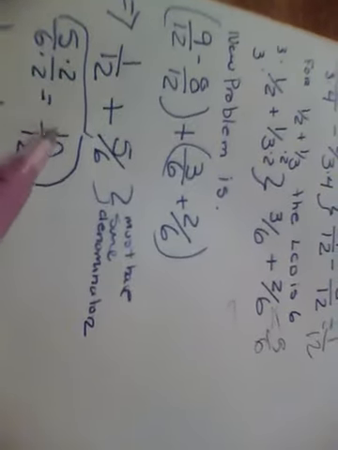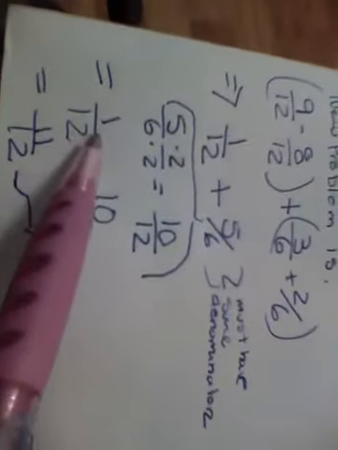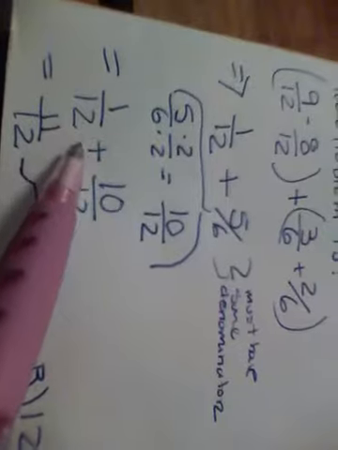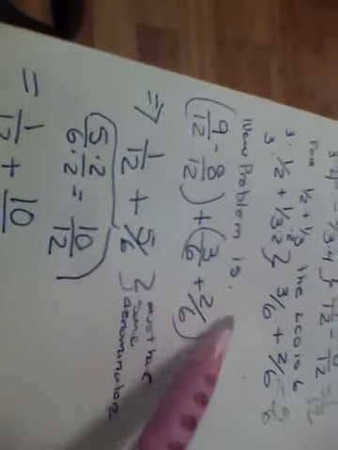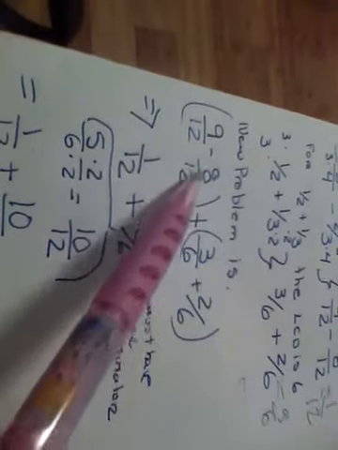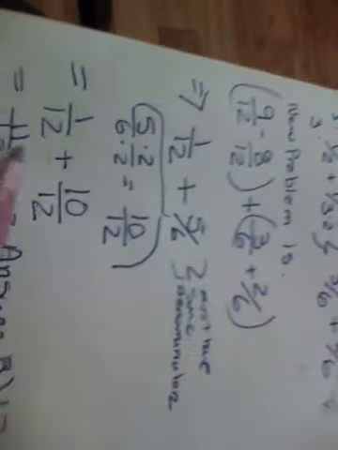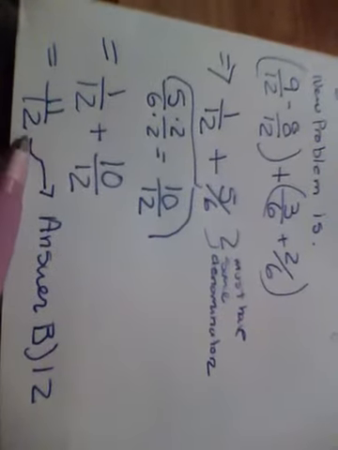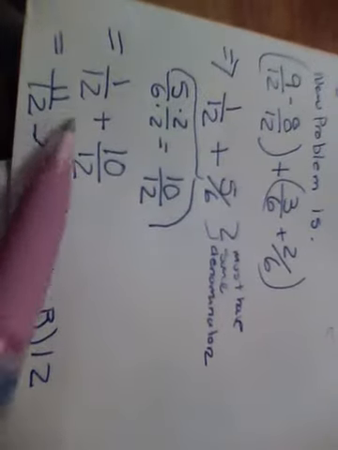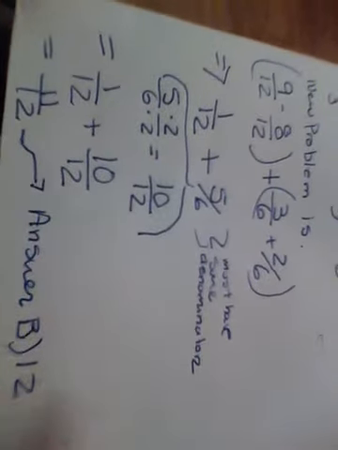So 5 times 2 is 10, and 6 times 2 is 12. So 1/12, because that's what we got from here, plus 10/12 equals 11/12. So the answer would be 12. Your denominator at the end of the problem when you solve it is 12.